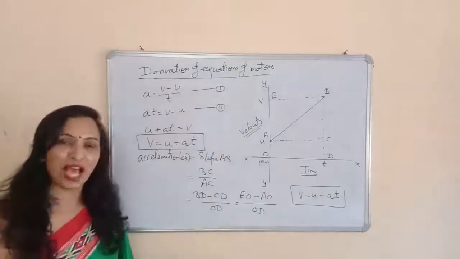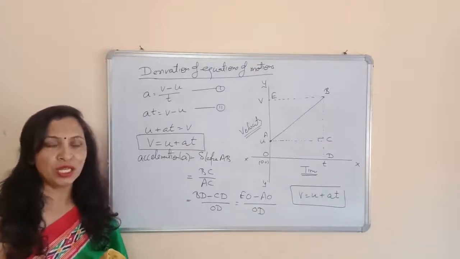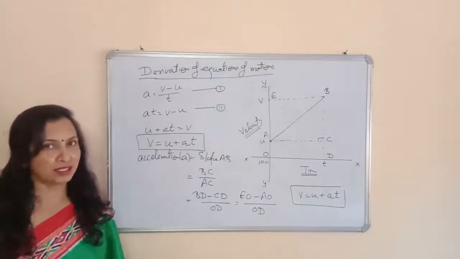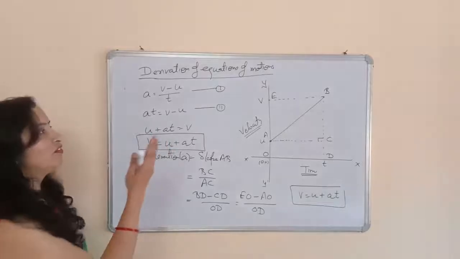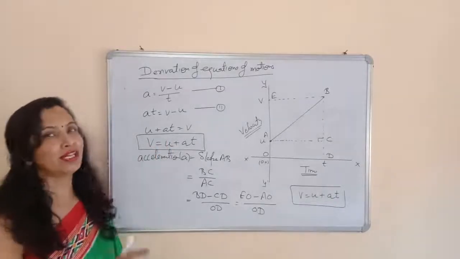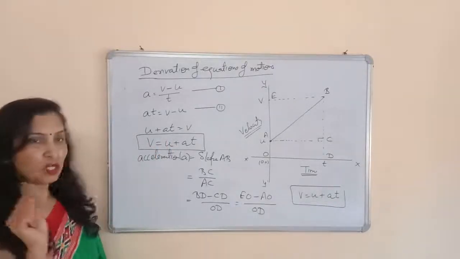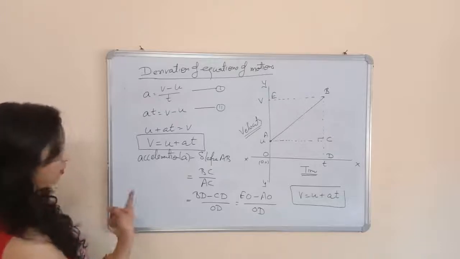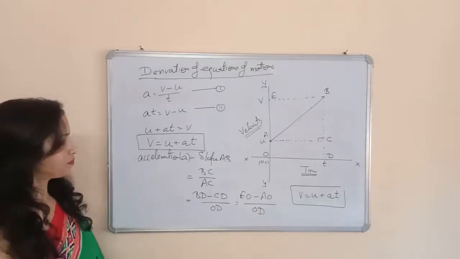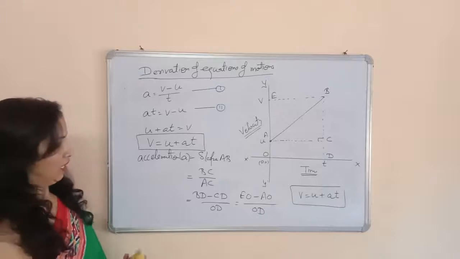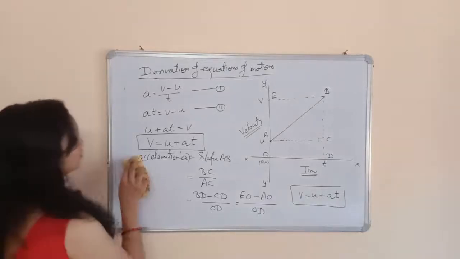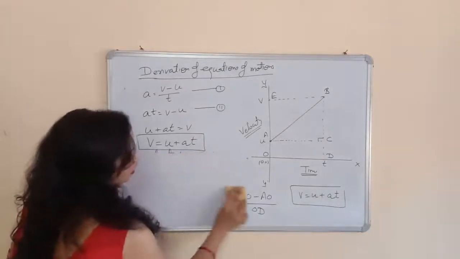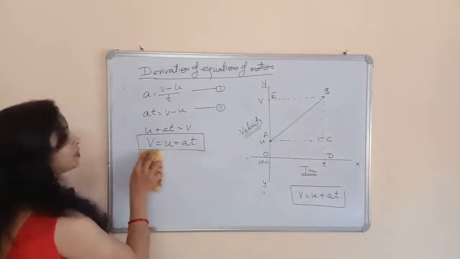Again I am telling you, you have to derive the first equation of motion before the derivation of the second and the third, because we will use this one in the second and third derivations. You can pause the video for writing this derivation. Okay, I am going to rub this one now. Now I am going to display the second derivation.